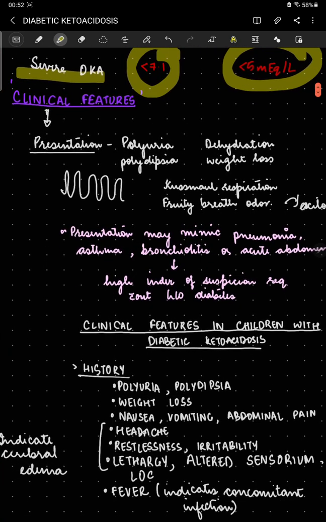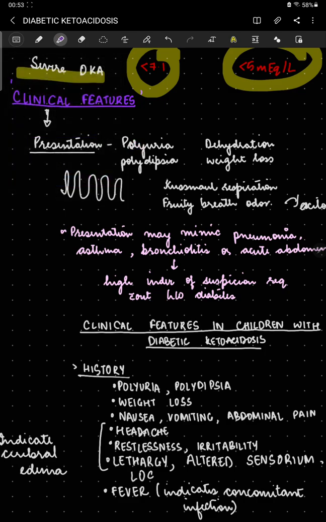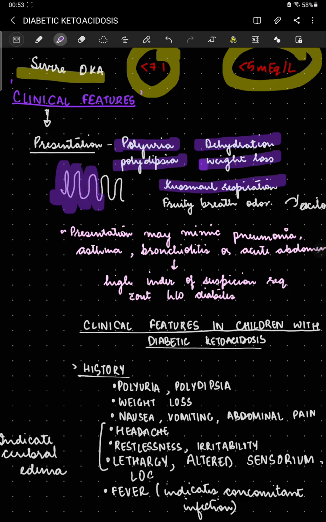Now coming on to the presentation of the baby, the clinical feature. Typically the child presents to us with the history of polyuria, polydipsia. Although the child will be dehydrated, there will be a significant weight loss. The child would be breathing rapidly and shallow, that is known as Kussmaul's breathing, and in his breath there would be a fruity odor, that is due to ketosis, right?